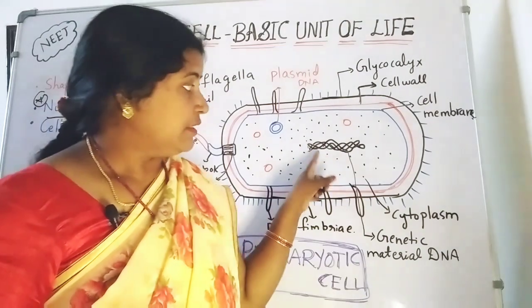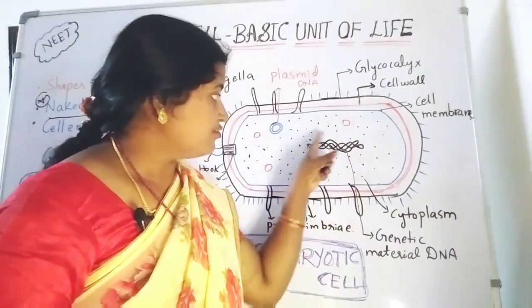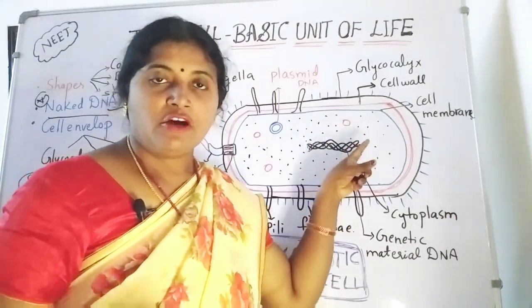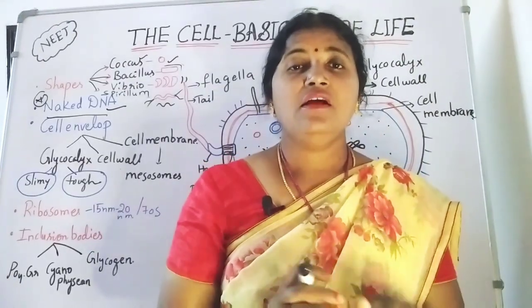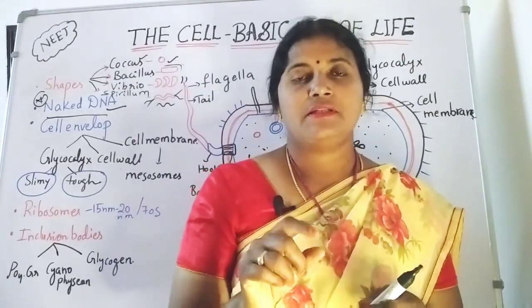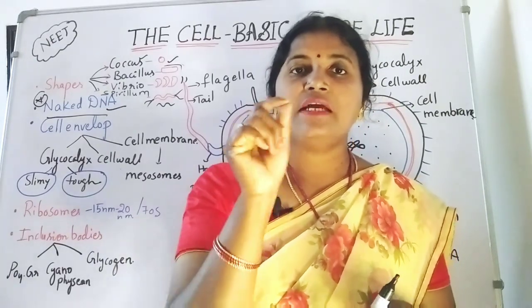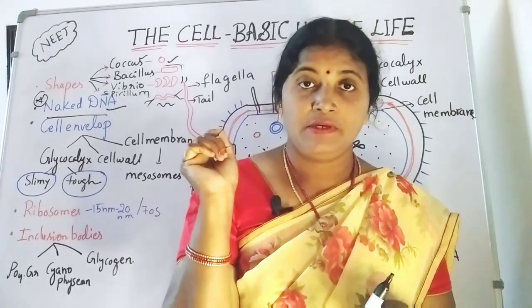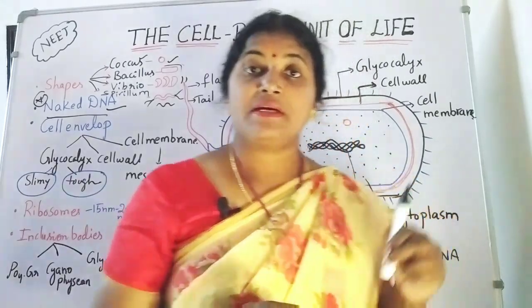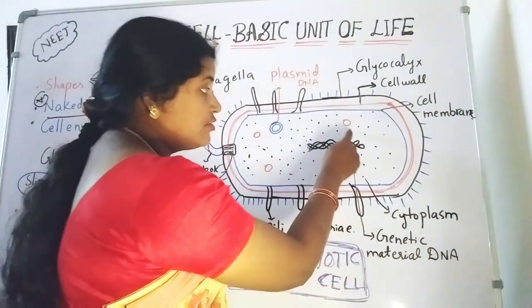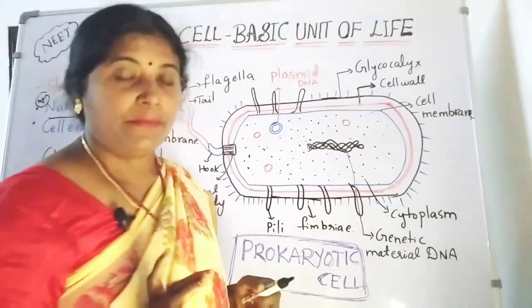If you observe this genetic material, there is no nuclear envelope. Normally, the eukaryotic cell is clearly covered by a double membrane nuclear envelope. A double membranous nuclear membrane is present in eukaryotes, but in prokaryotes there is no membrane.